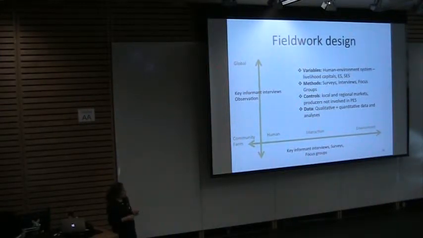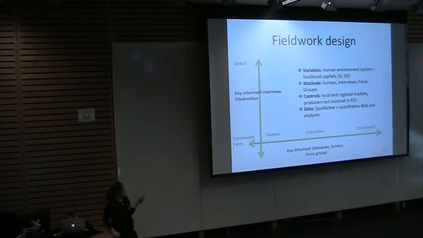I collected data through a combination of surveys, interviews, and focus groups. I collected data at the farm level, primarily through these interviews and surveys, but then also along the value chain, through speaking to key informants who could tell me a little bit more about how that value chain functioned, as well as some of the context factors that might be influencing some of the results that I would be seeing.